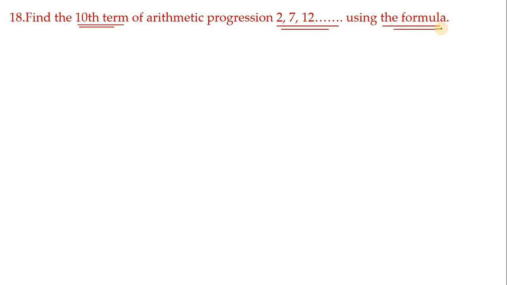We have to use the suitable formula. So first let us find a value. The first term is always a value, hence a equals 2. To find d value, second term minus first term, which equals 5. We have to find the 10th term, hence n equals 10.